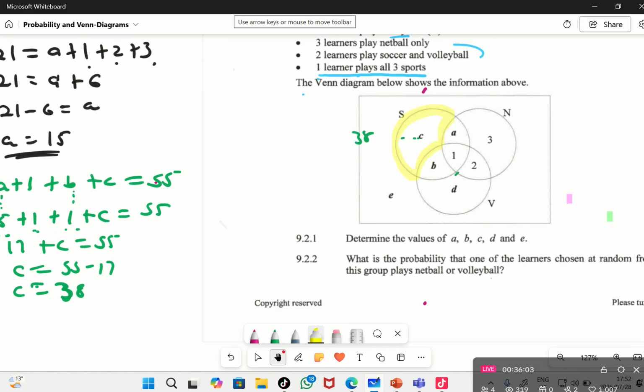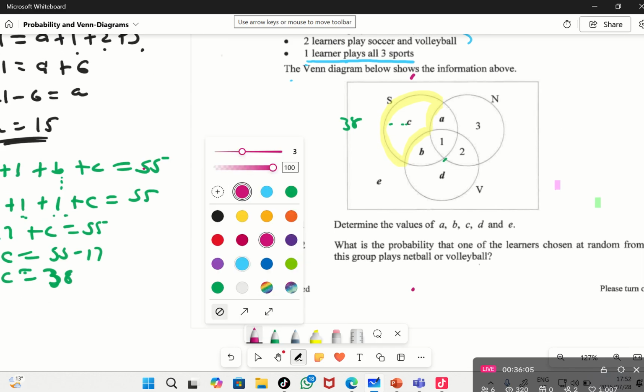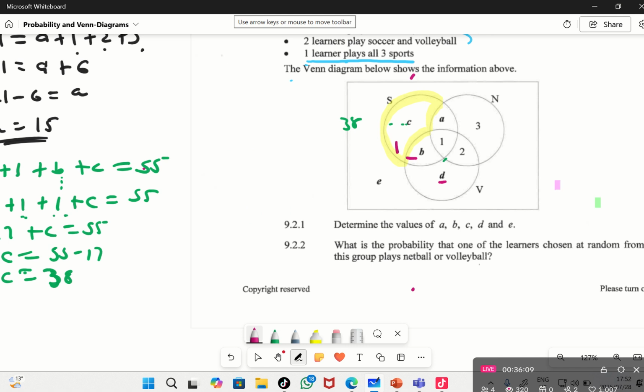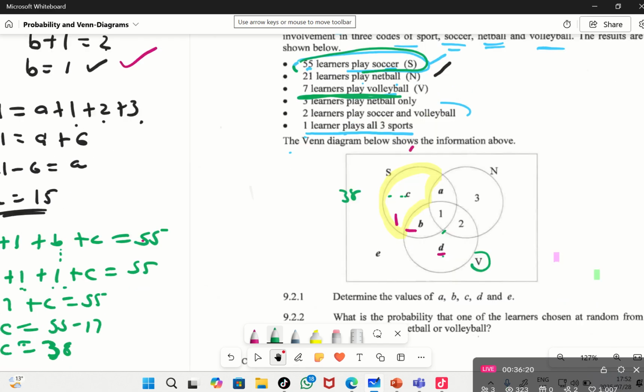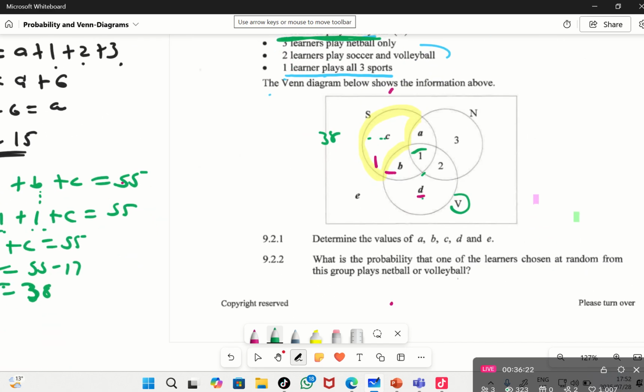Sharp. Let us then find the value of D now. We've got the value of B to be 1. D falls under volleyball. How many learners play volleyball in the school? We've got 7 learners who play volleyball in the school. So the 1 plus the 2 plus the B, which is that, plus the D equals 7.